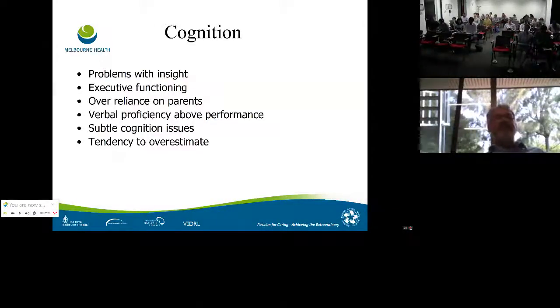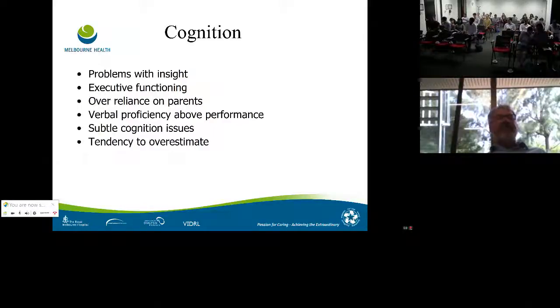So talking about cognition, which is a really very important thing. I haven't got too much on it here today, but I really want to stress that these patients, or sizable numbers of these patients, have major issues with cognition that are at times quite difficult to spot. They tend to have problems with insight.